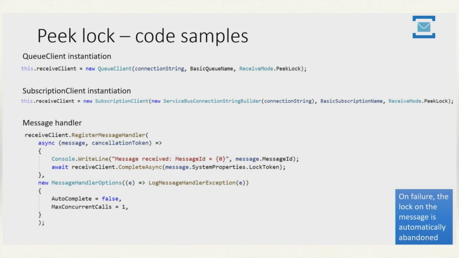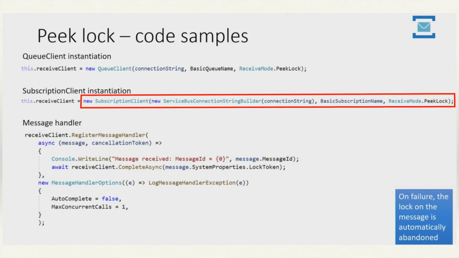When you create a queue client, for a subscription or a normal queue client, you can say that in case of receiving the messages at the receive client, I want to apply the peek lock on my service bus messages. Once the message is received successfully and processed, you'll call the complete async method to complete the message processing.